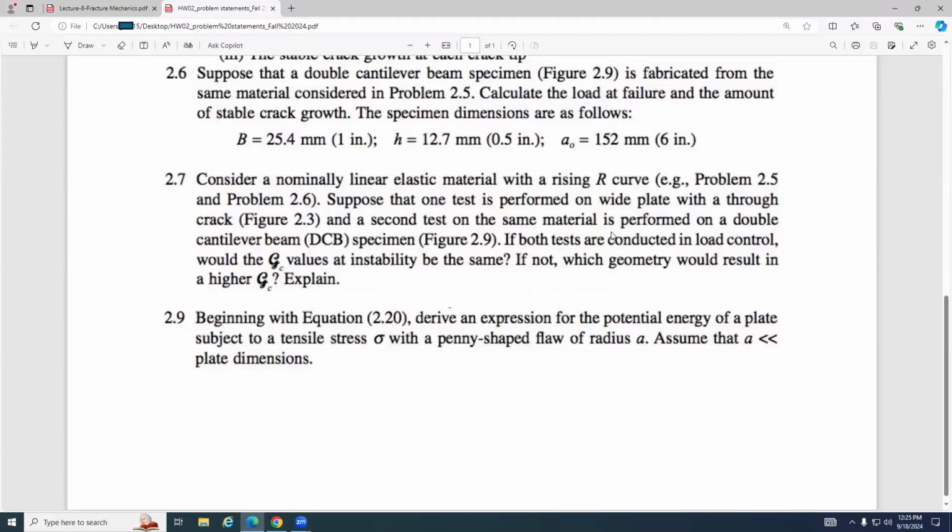The last one, beginning with equation 2.20: derive an expression for the potential energy.